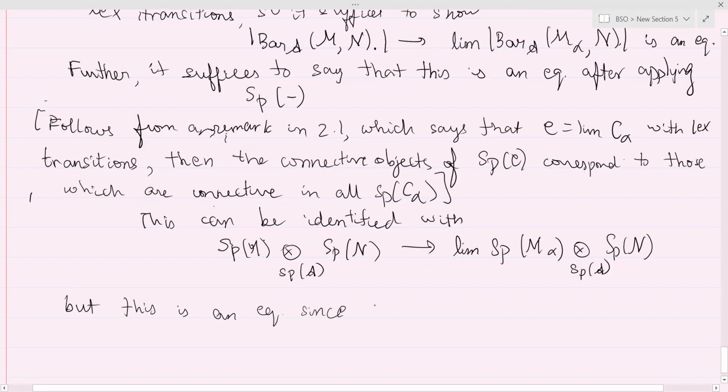No, sorry, not N. Spectrum objects of M is dualizable. Right.